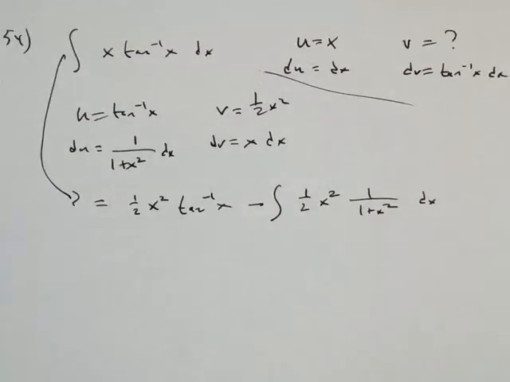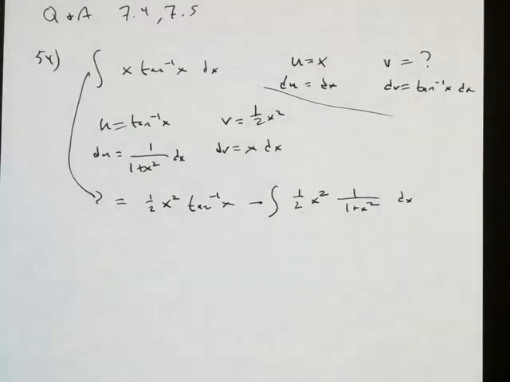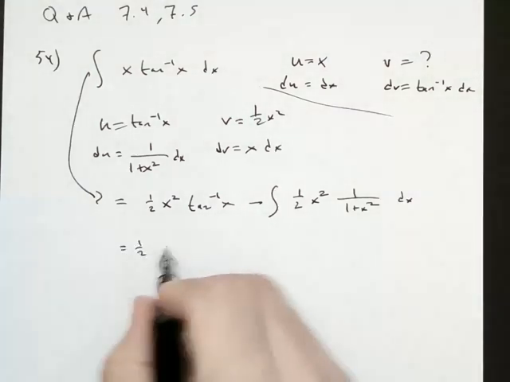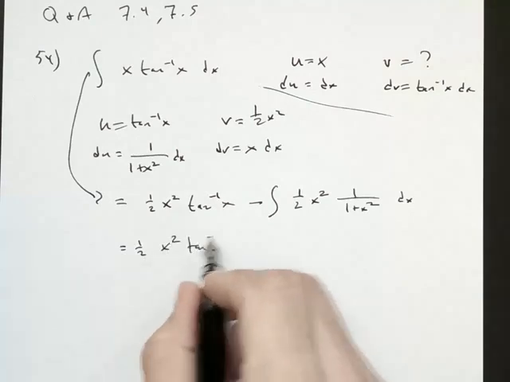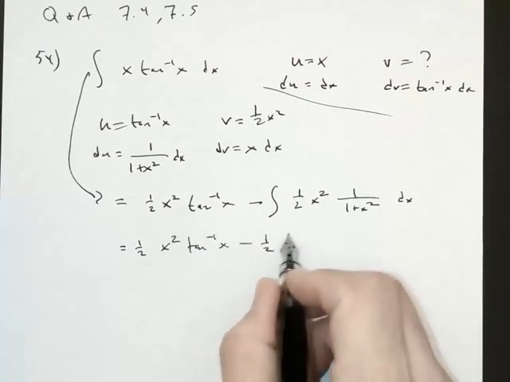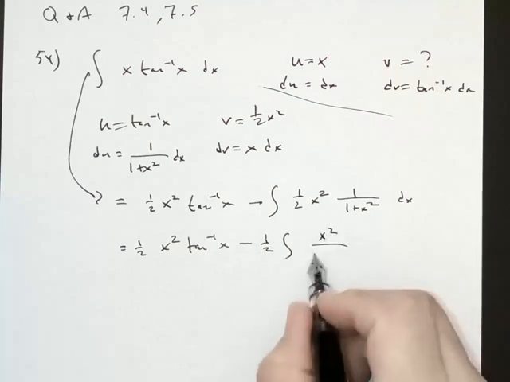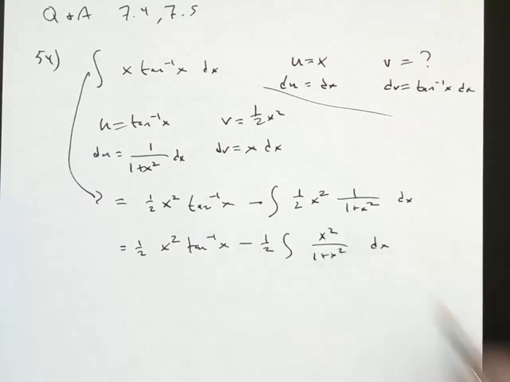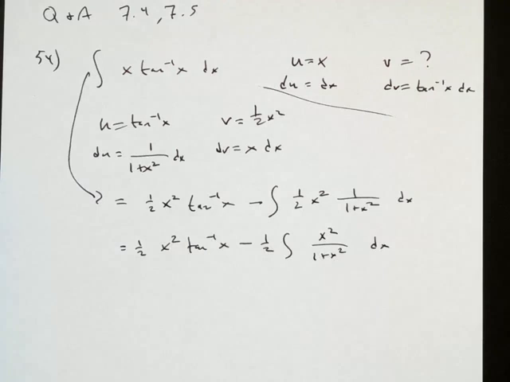But, wrong, but. That right-hand integral, I take the 1/2 out, I can write that as x squared over 1 plus x squared. And that's a rational function, isn't it? Okay, now I see a game to play with partial fractions.